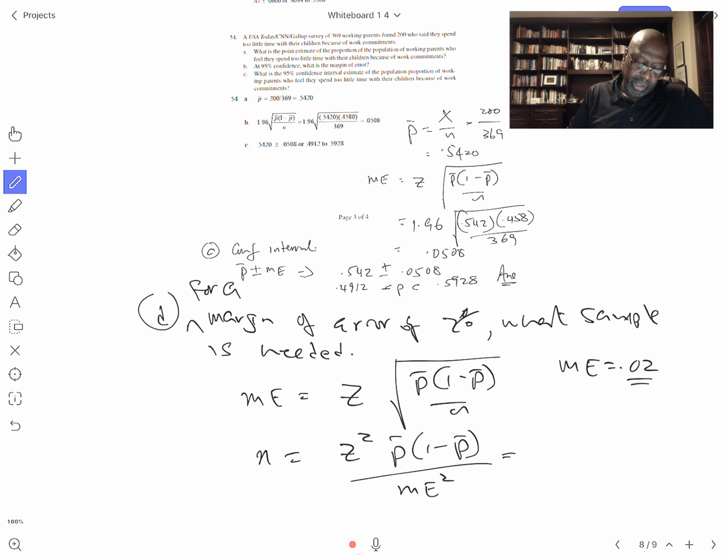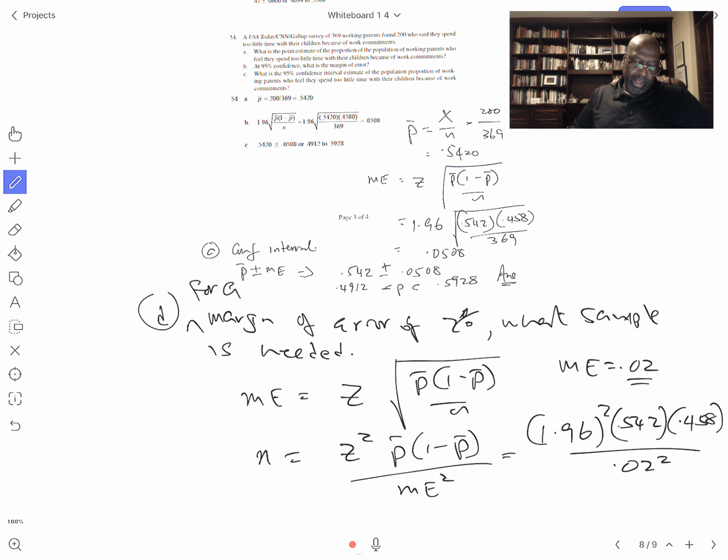And so that would be 1.96 squared times 0.542 times 0.458 over 0.02 squared. That should give us our sample size. So it's not very difficult if we simply just follow the formulas for that.